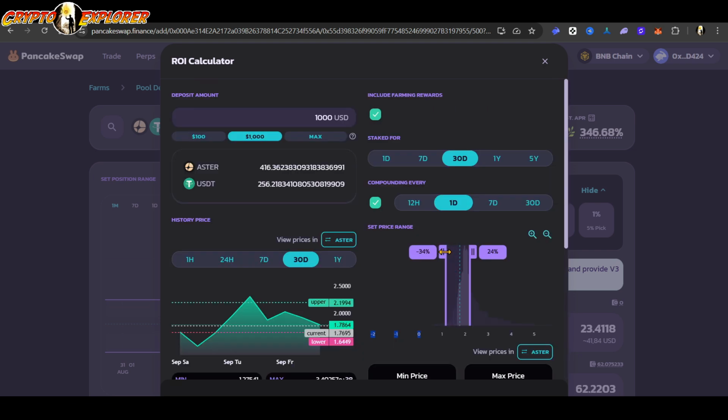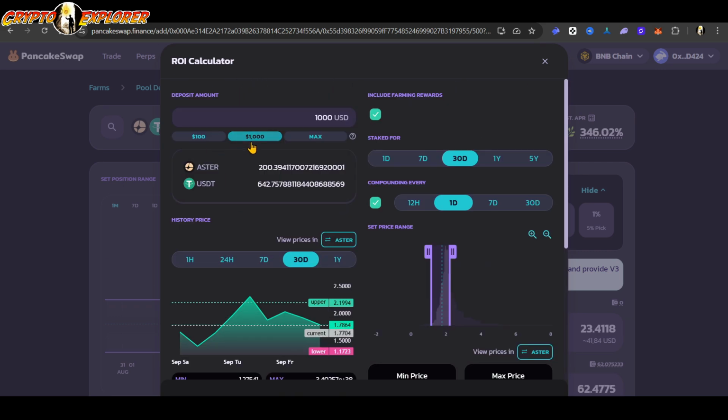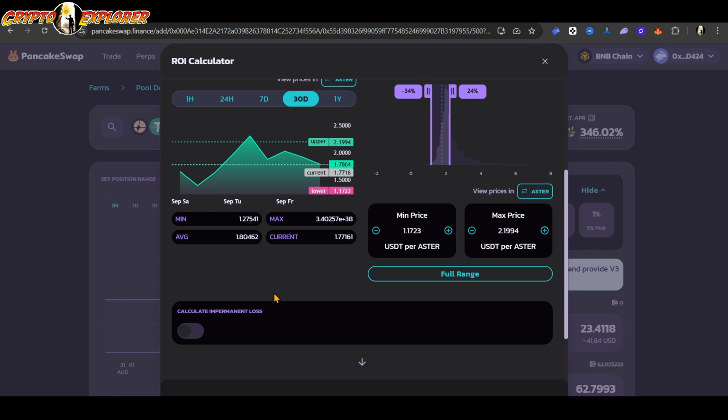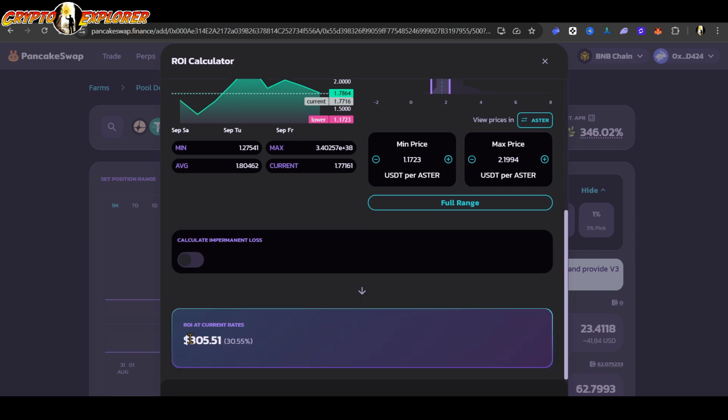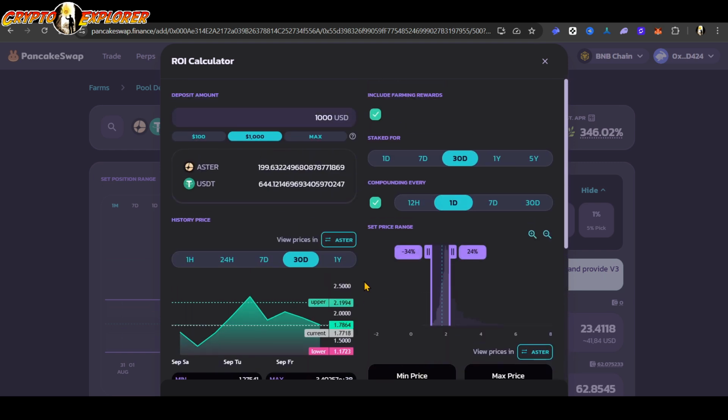So we could go and set up a range like this just to get an idea, right? And we would see that the ROI of a $1,000 deposit staked for 30 days, compounding the yield every single day, would give us something like $300 in yield after 30 days. But of course, this is granted that the same market conditions keep on happening and you never go out of range. Okay, so that's that.